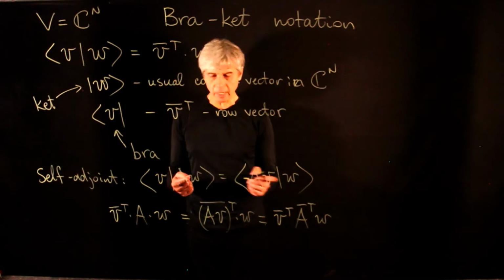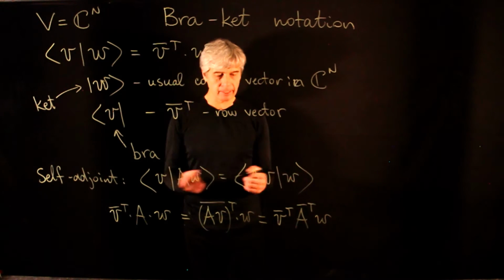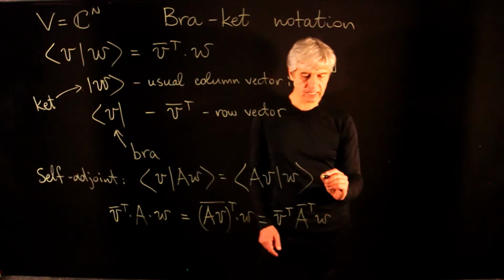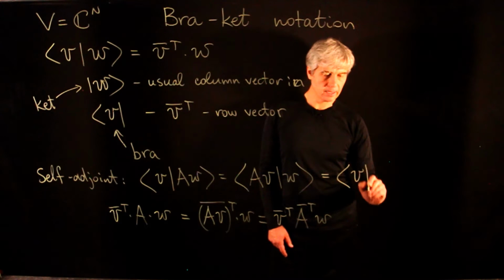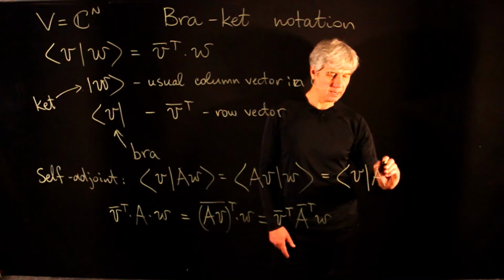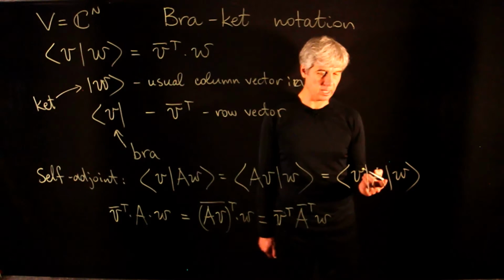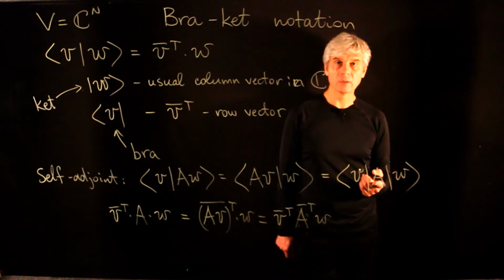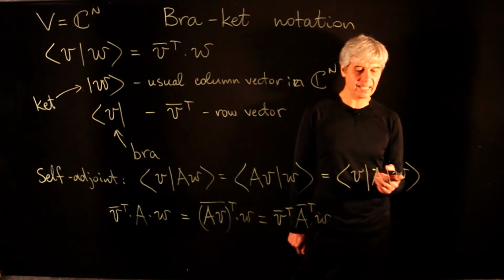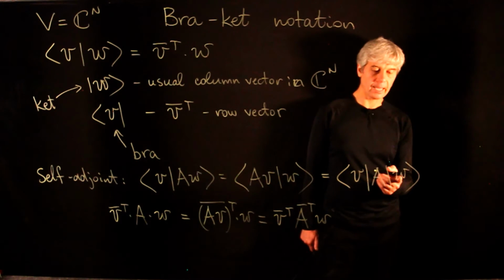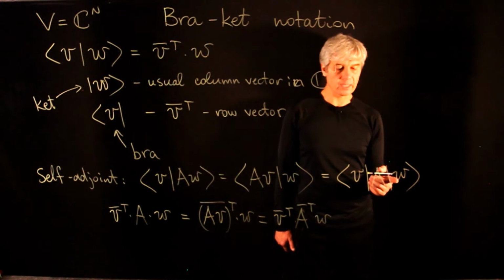And so to emphasize the fact that this A can go from left to right, physicists sometimes write this in the following way. So it's V, then bar A, bar W. This means the following: you have an operator which you can apply either to W, right? So this is the standard action of an operator on a column vector.